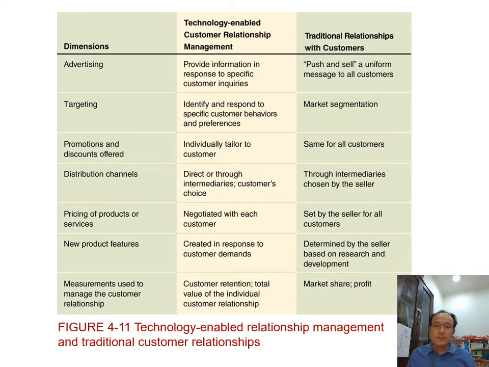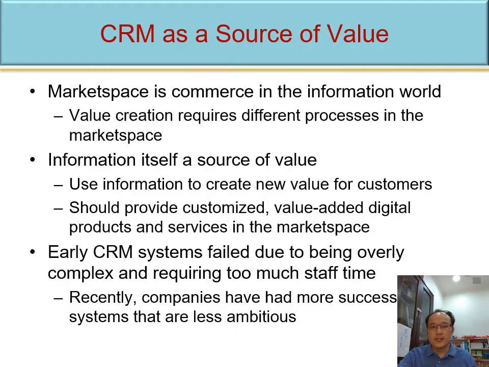So technology-enabled CRM is more personal contact rather than a uniform message to all customers. These are the differences between technology-enabled and traditional relationships, so try to understand all of them.